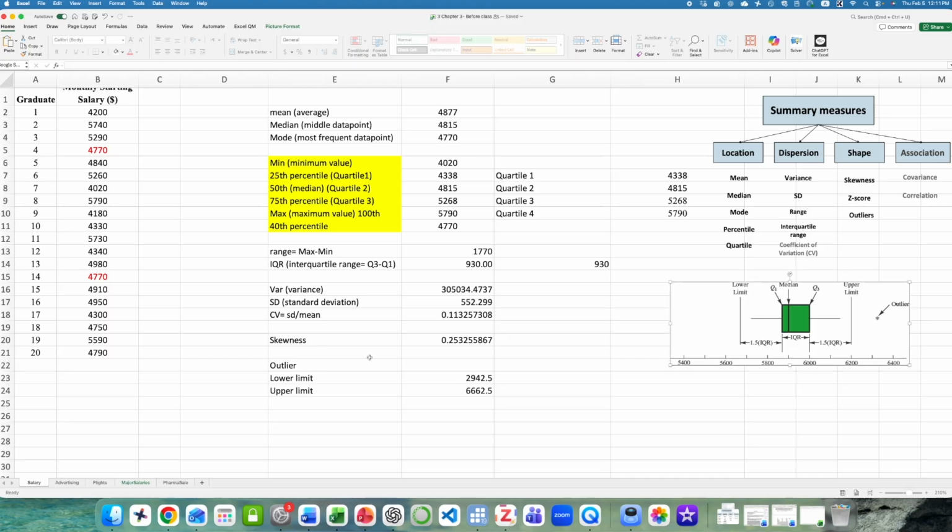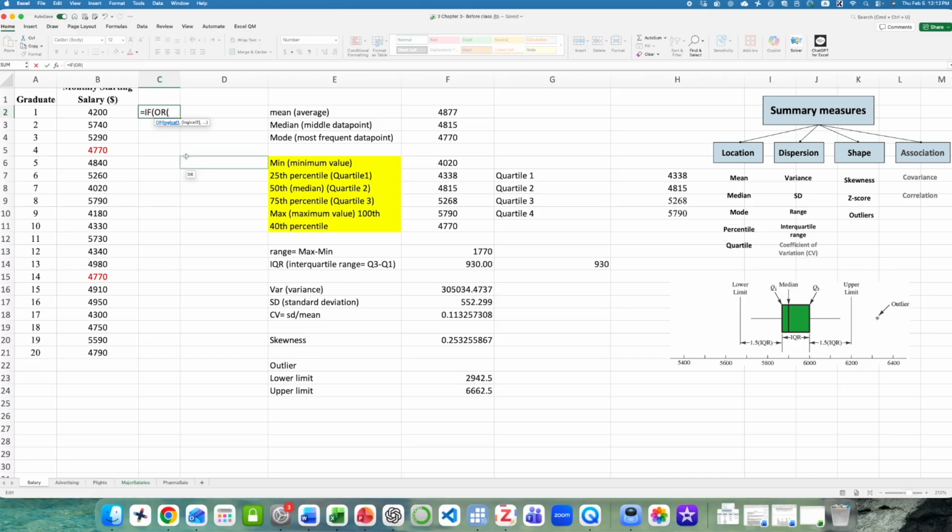There are two ways you can identify the outlier using Excel functions. This is completely optional. I can use the IF function if one of these happens, so we are going to use the OR function. It means that either this or this happens.